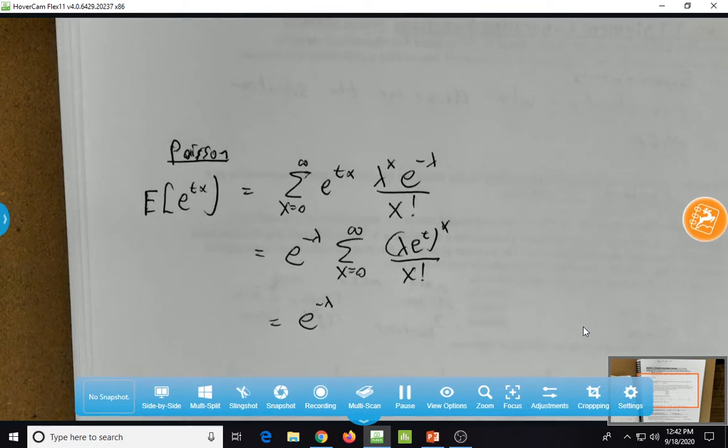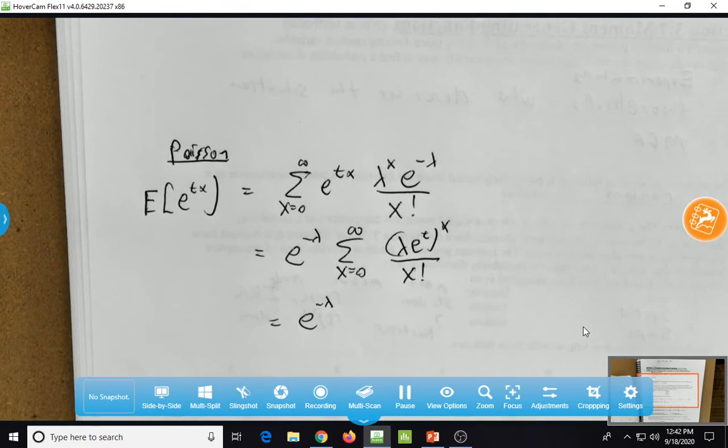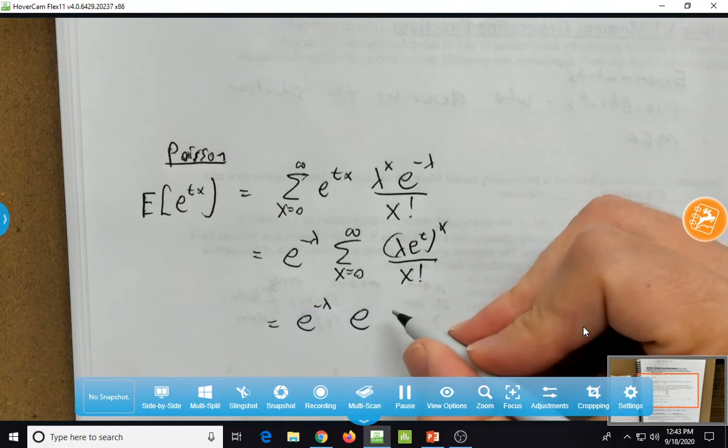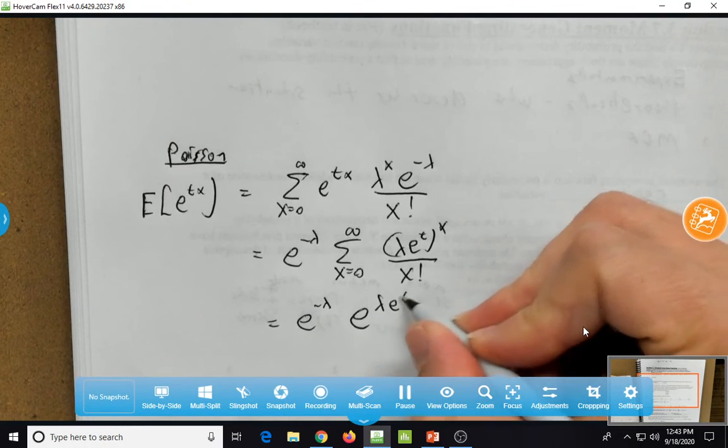I'll just quickly go over here to the Taylor series: e to the z is equal to 1 plus z plus z squared over 2 factorial plus z cubed over 3 factorial plus z to the 4th over 4 factorial. Remember, for those of you who had Calc 2? So what this is equal to is e to the lambda e to the t.